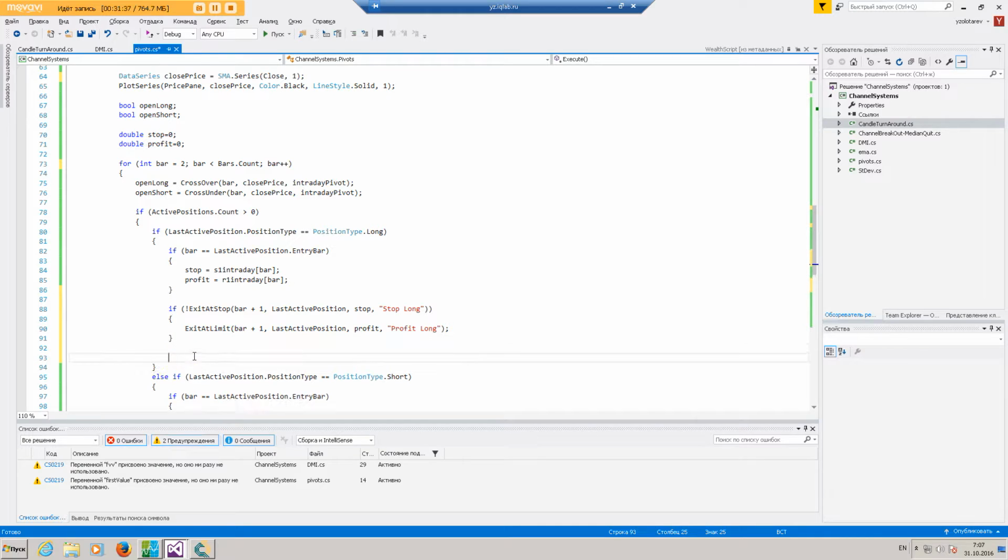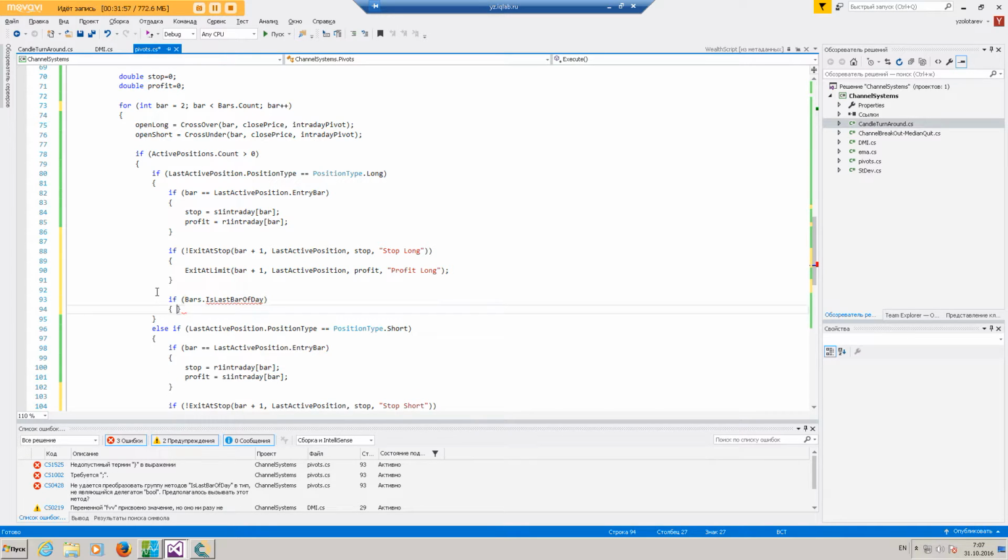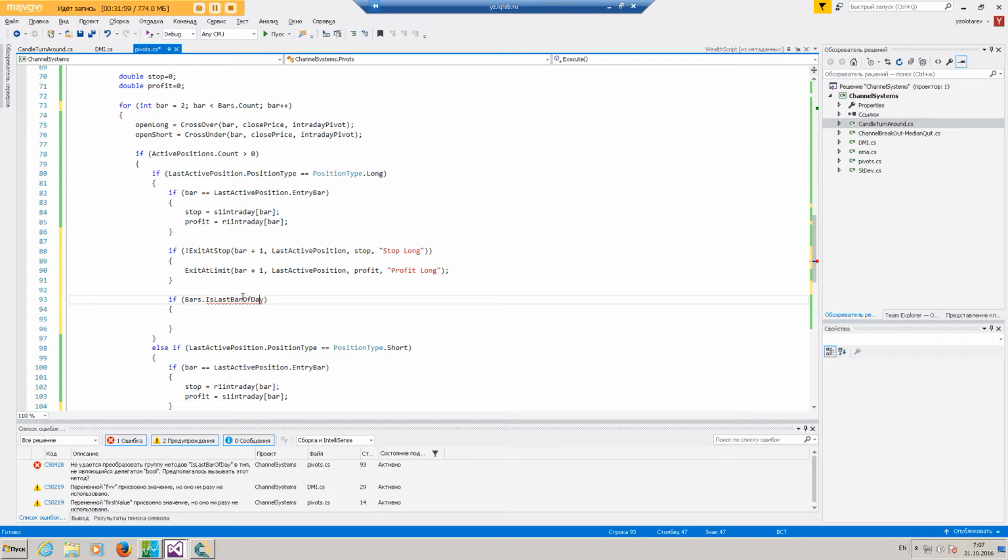And I'm going to add, so if a bar equals, I think it's something like bars last bar of day, let's see what it is.